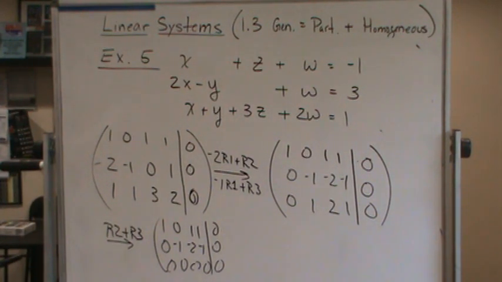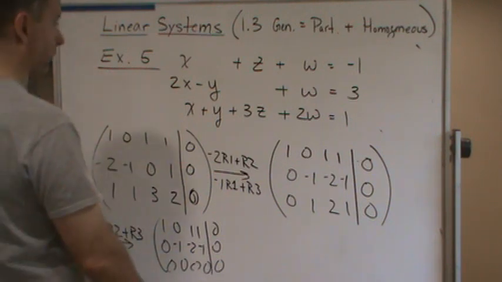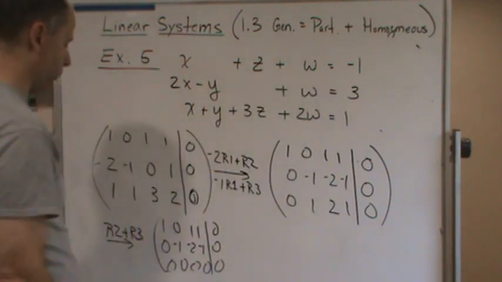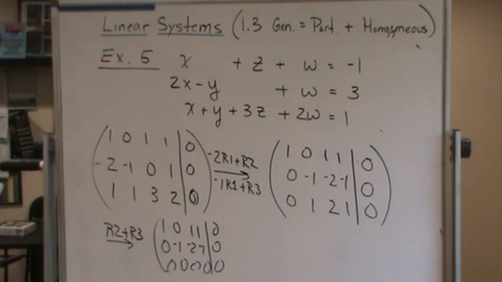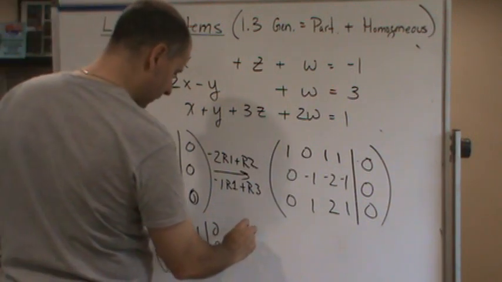Now, in this case, we end up with what? We have Z and W free, right? So if Z and W are free, then we're going to get what?